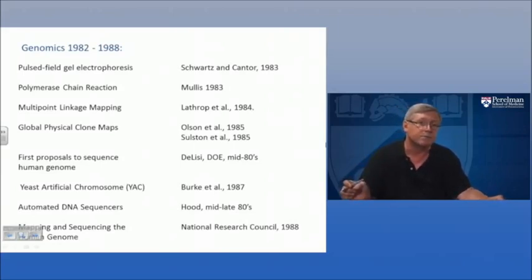The first proposals to sequence the human genome were proposed in roughly the mid '80s, initially by DeLisi, who was with the Department of Energy. The concepts that were driving the Department of Energy at that time were looking at the effects of radiation on human biology, and of course it was known that radiation affected DNA, caused mutations, and so forth.